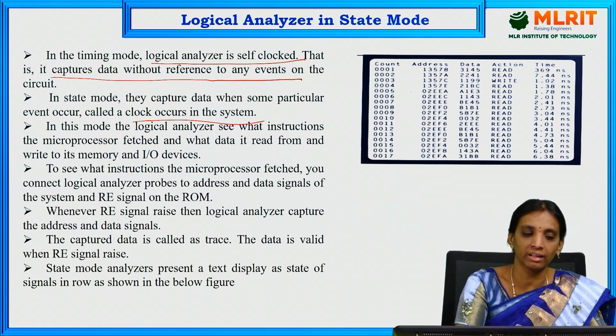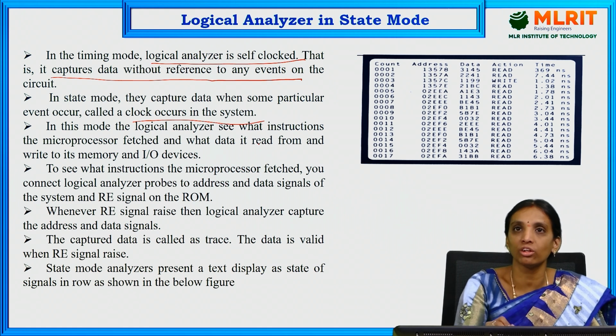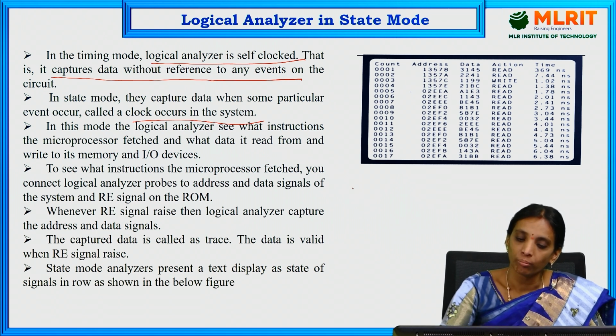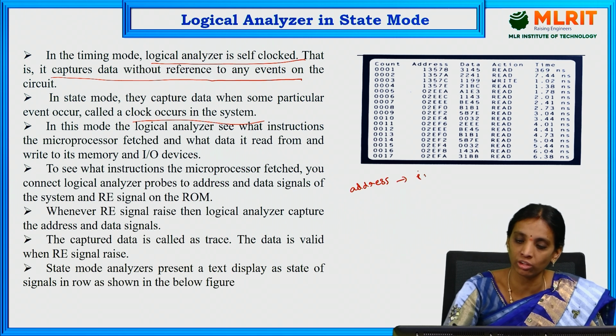In this mode, the logic analyzer sees what instructions are executed in the processor and what the output or result is for that instruction execution. Here we can see the memory addresses, the address locations allocated for those instructions, and the data, the address at which the data is located.